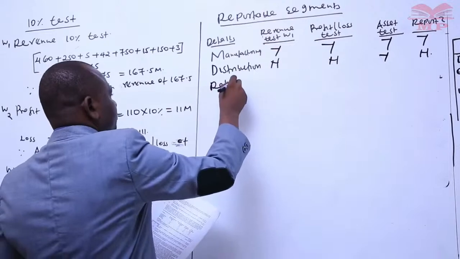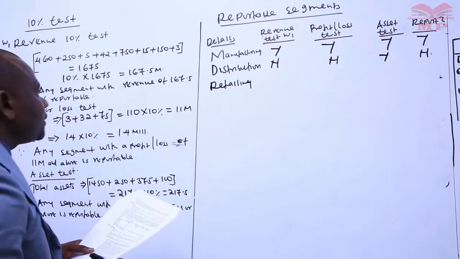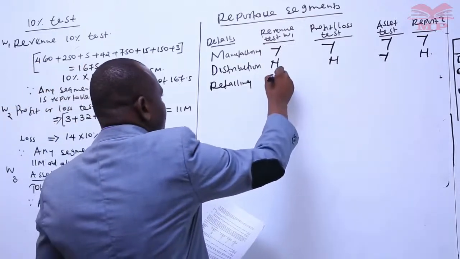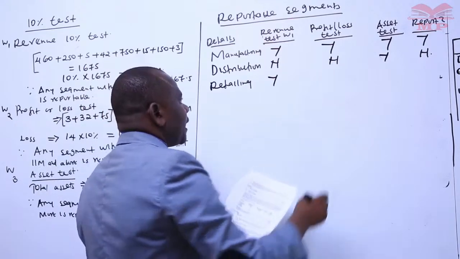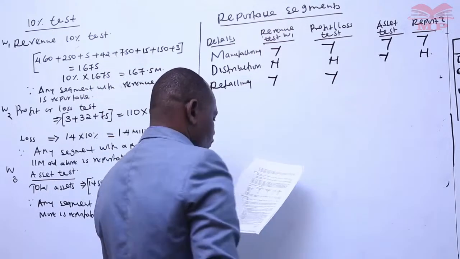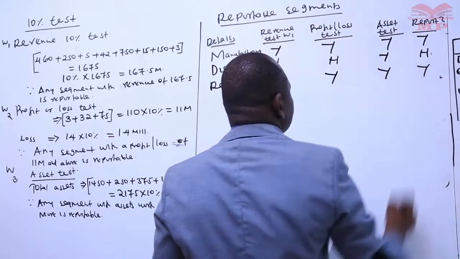Retailing, we have 750 plus 15, 765, yes. Profit test, it is passing, it is serving 75, yes. Asset test, yes. Reportable, yes.